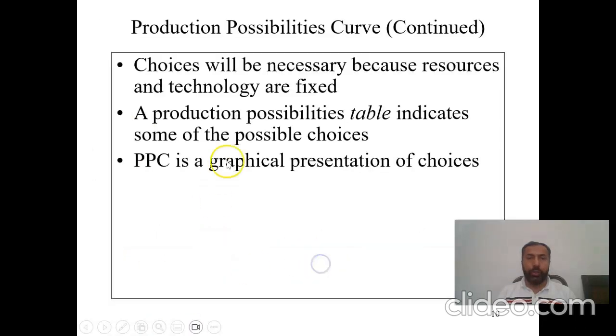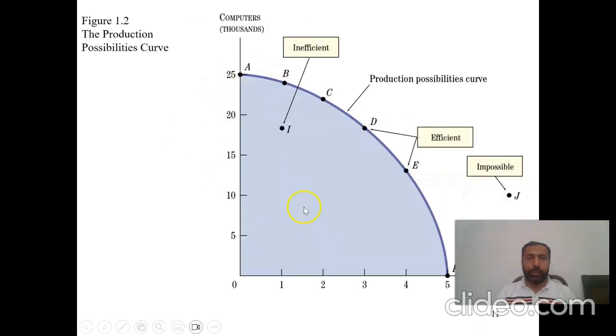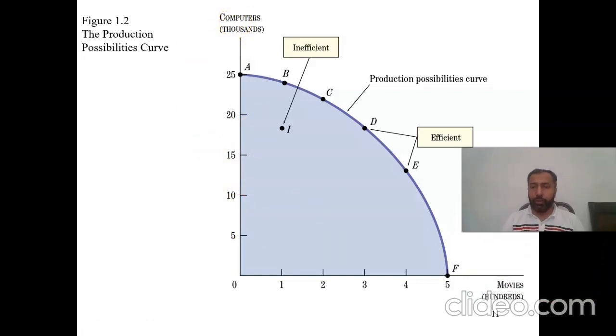Now, if we draw a graph of those choices, which we have just seen, that graph is known as the production possibility curve or production possibility frontier, whose definition is a graphical presentation of choices. Now see here, we have shown computers on the y-axis in thousands and number of movies on the x-axis in hundreds.